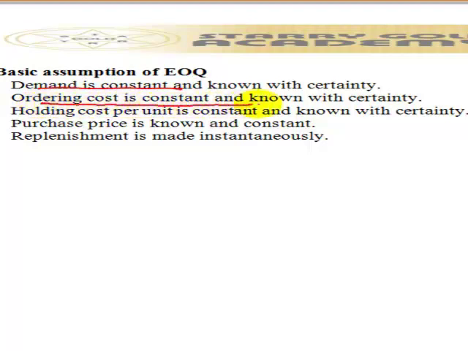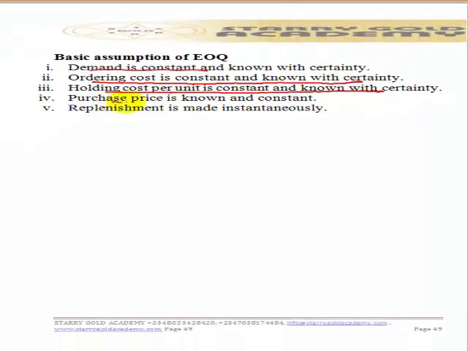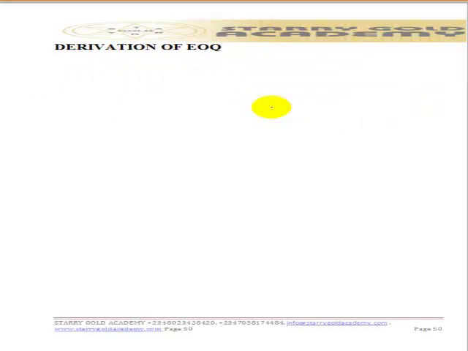The ordering cost is constant and known with certainty. The holding cost per unit is constant and known with certainty. Purchase price is known and constant. Replenishment is made instantaneously.